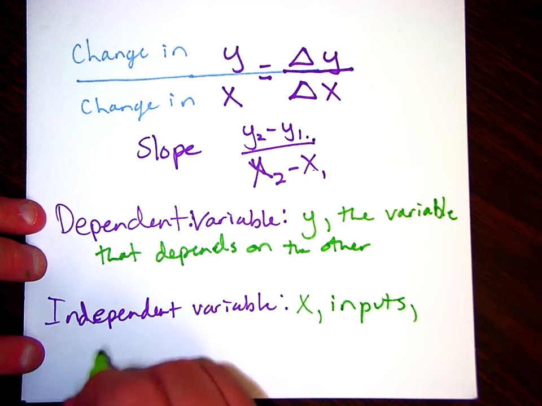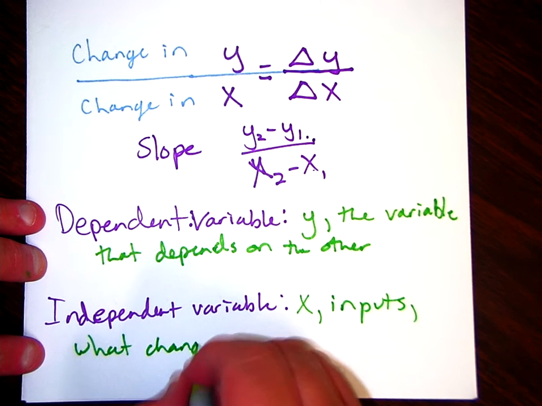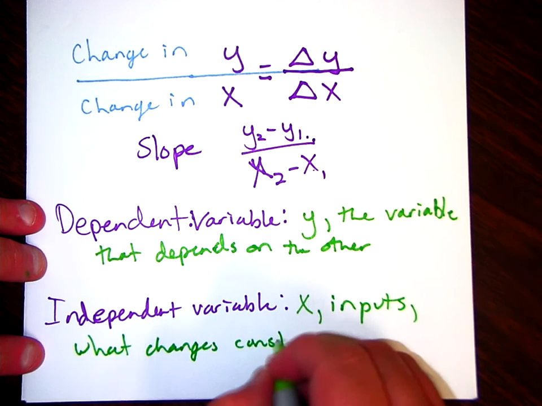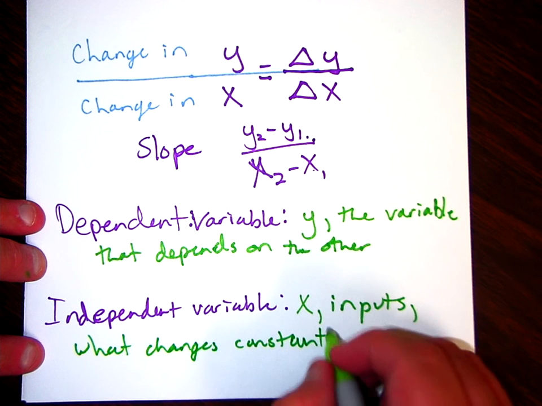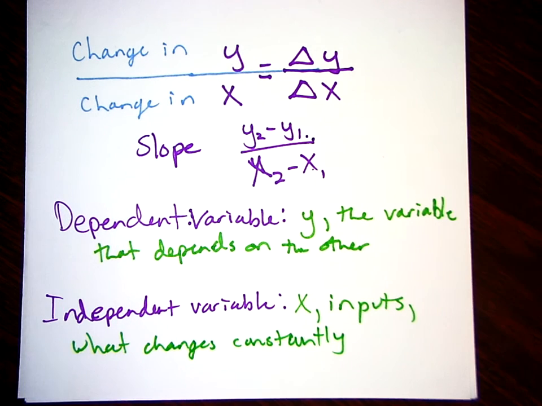This is what changes constantly. I like to explain this with a question where they give you the height of an airplane, and the airplane is ascending at a rate of 2,000 feet per minute.